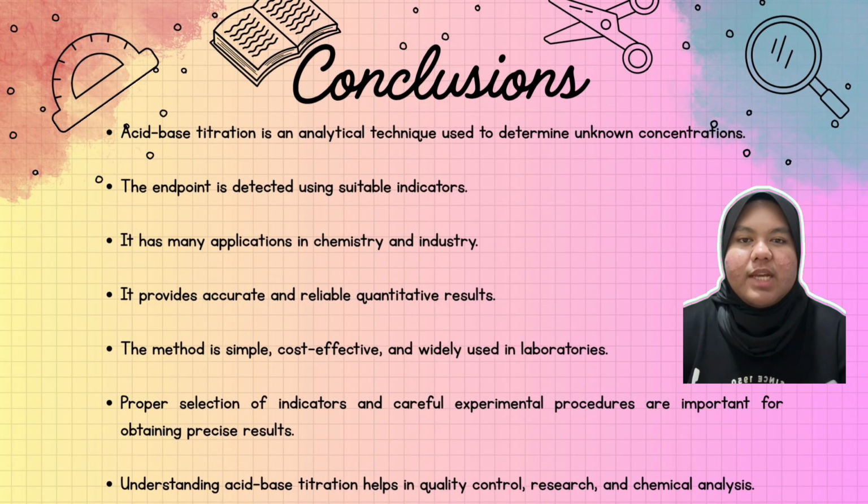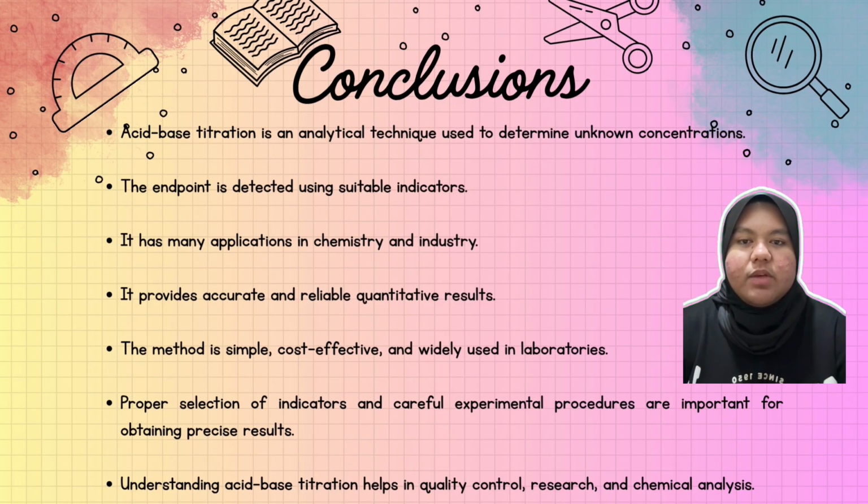In conclusion, acid-base titration is an important analytical technique used to determine the concentration of an unknown acid or base solution. The endpoint of the titration is detected using suitable indicators, which allow us to identify when neutralization has been achieved. This technique has many applications in chemistry and various industries.